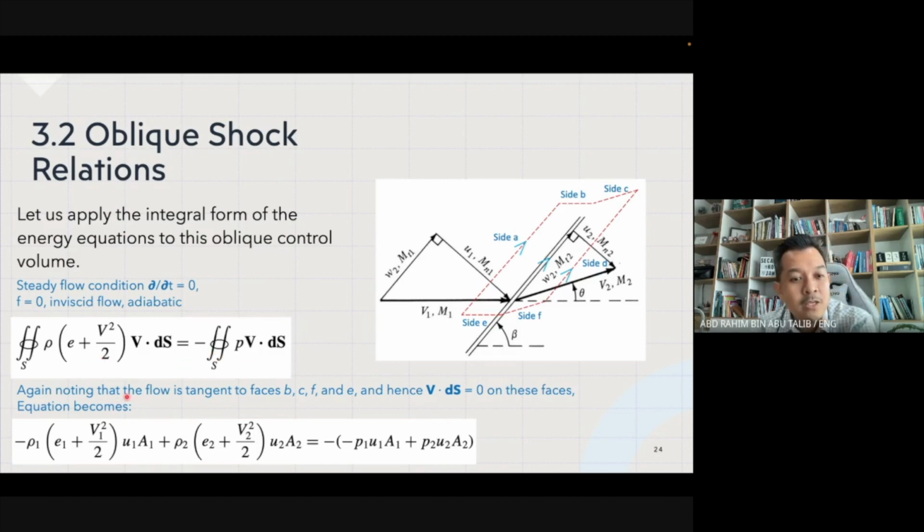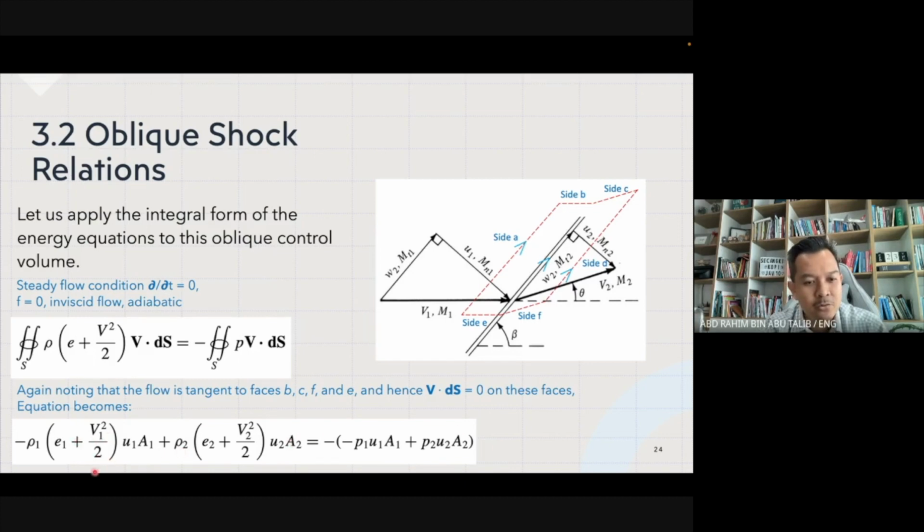Again, noting that the flow is tangent to faces B, C, F, and E, the change of velocity with respect to the entropy will be equal to 0 on these faces, and the energy equation becomes this.